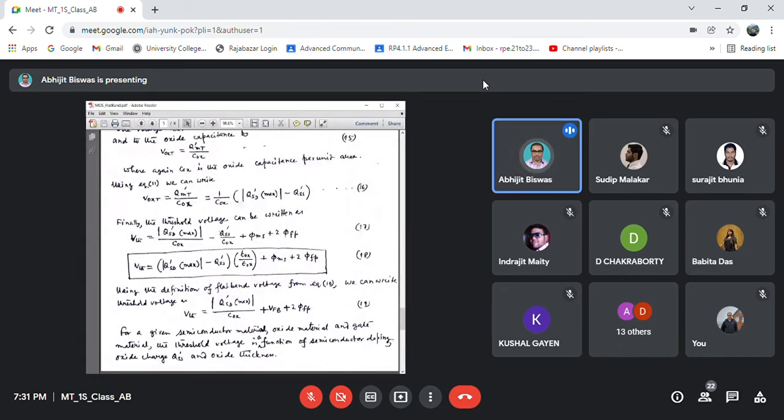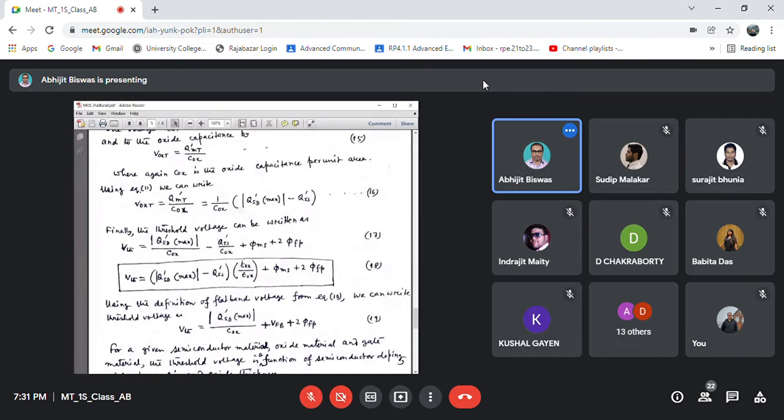So this equation 16, you can determine the value of oxide voltage at threshold inversion point, and if you use this equation to find the threshold voltage, this threshold voltage VTH can be given by Q'SD maximum by Cox minus Q'SS by Cox plus phi ms plus twice phi FP.